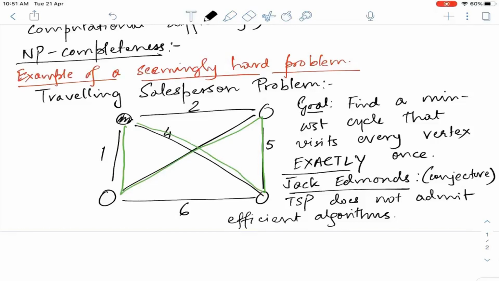Okay, good. So now, what the complexity theorists or the theoretical computer scientists started to do was the following: suppose I want to resolve this question. Suppose I want to resolve the question of whether TSP is hard or not. Okay.